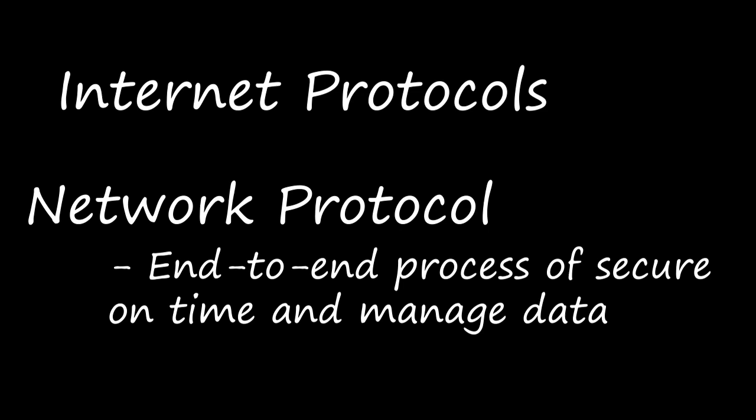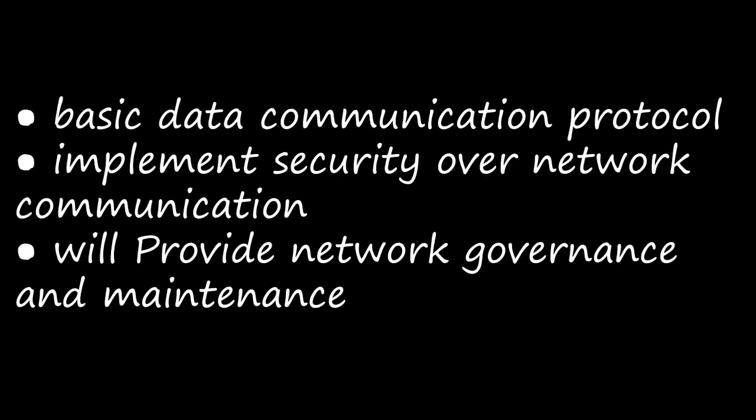Next one is the broad types of networking protocols. First point is the basic data communication protocol, consisting of HTTP and TCP/IP. About this HTTP and TCP/IP, we learn in this chapter, right? The next point is implementing security over the network communication, which also includes HTTPS, SFTP and SSL, right?